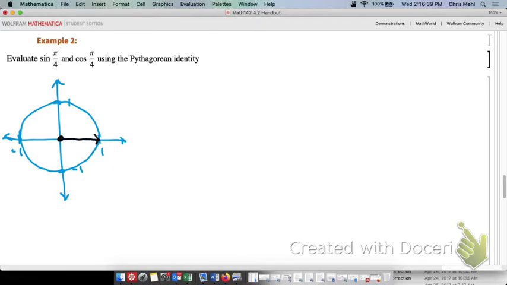If I form my angle starting with my initial side in standard position, pi over 4 is going to split quadrant 1 directly in the middle. And here I get my point. So here's the angle pi over 4. The coordinates of this point are: the x coordinate would be cosine of pi over 4, and the y coordinate would be sine of pi over 4.